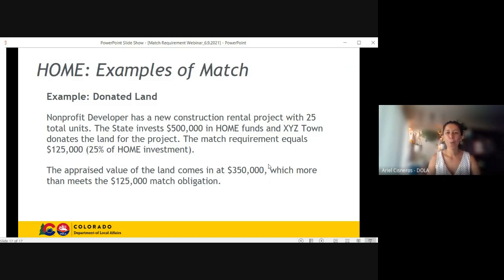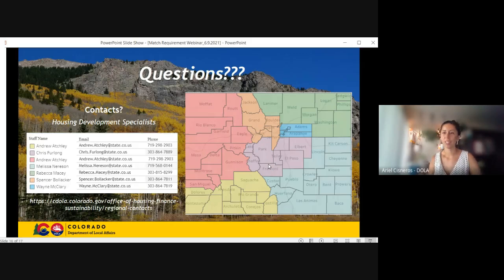So one more question for you all. If you have HCG funds from DOH for a project, which sources would qualify as a local match? We have other federal sources received, donated land for the project, waived fees, taxes, and permits, or all of the above.